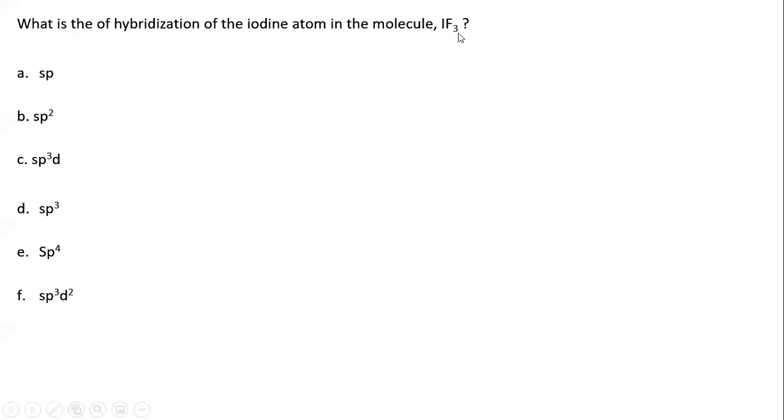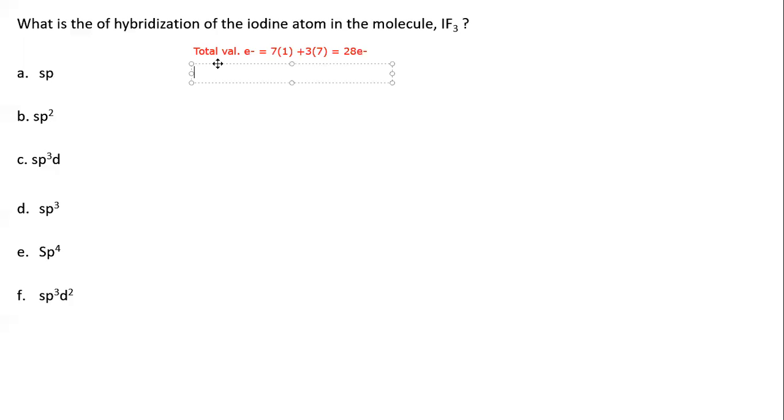Or, since this is a central atom bound to halogens, we can determine the total number of valence electrons, which would be 7 times 1 plus 3 times 7. It's 28 electrons.